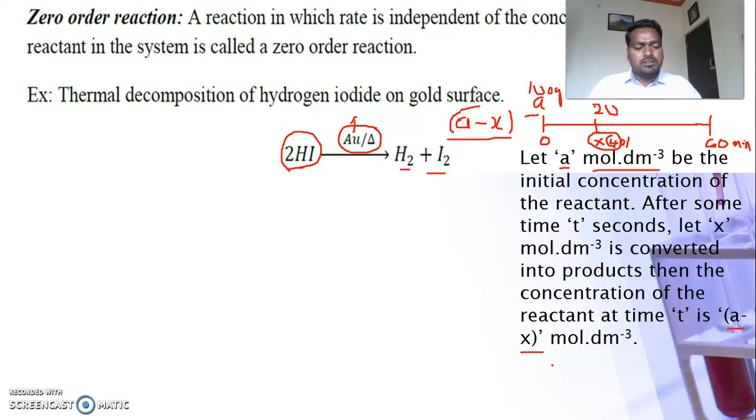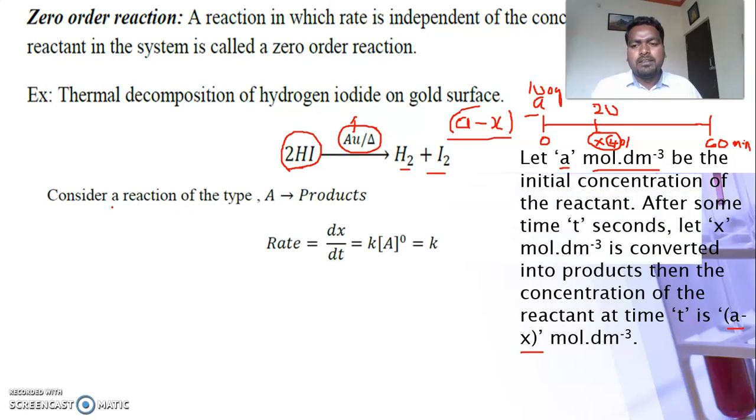Now the rate of a reaction is given by, consider the reaction A gives product. In differential calculus we know how to denote the mathematical expression for the rate of change with respect to time. Here X is a concentration of reactant which is changing with respect to time.